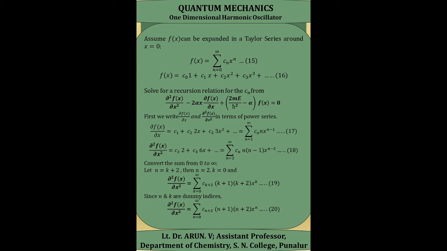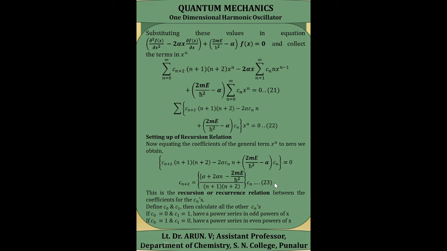By substituting this, we can write ∂²f(x)/∂x² equal to the summation of k equals 0 to infinity of c_(k+2) (k plus 1)(k plus 2) x raised to k. Since n and k are dummy integers, we can write ∂²f(x)/∂x² equal to the summation of n equals 0 to infinity of c_(n+2) (n plus 1)(n plus 2) x raised to n.